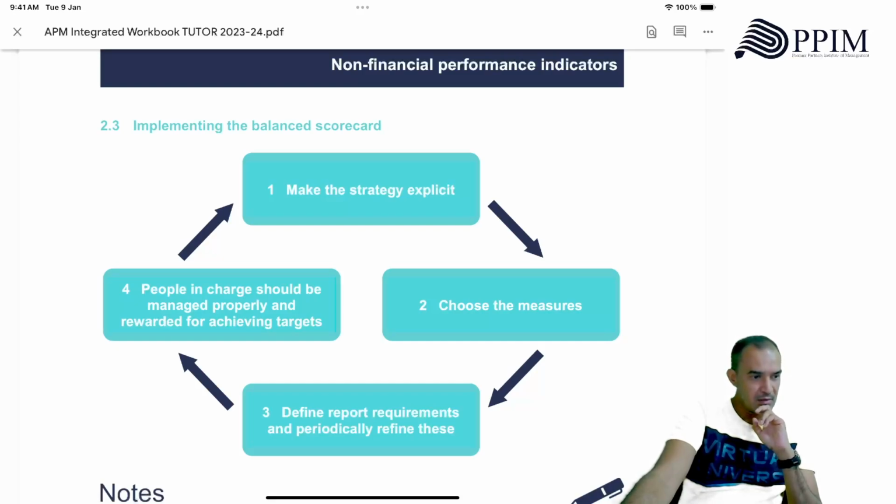In developing the balanced scorecard, it is important to note that the scorecard should help achieve the overall objectives of the firm.